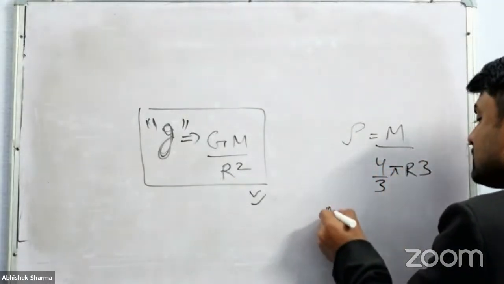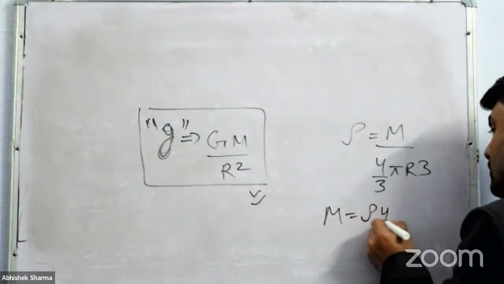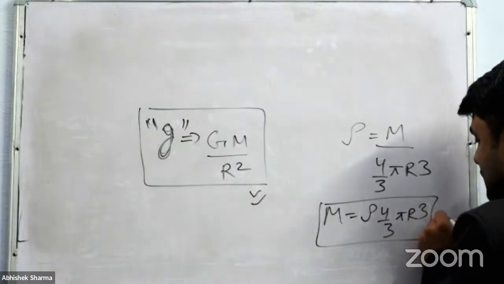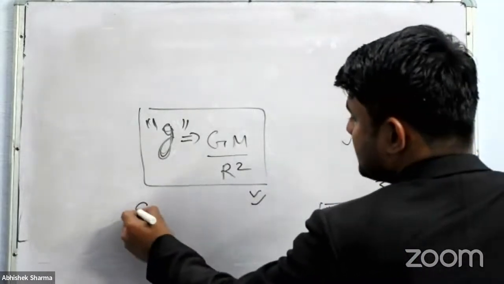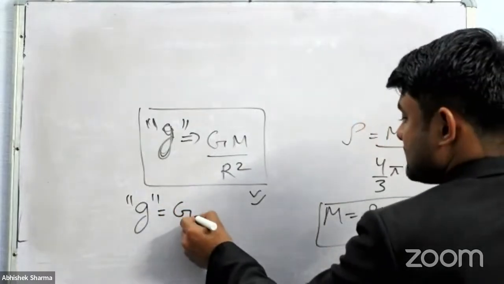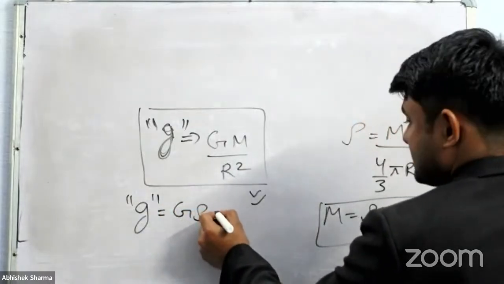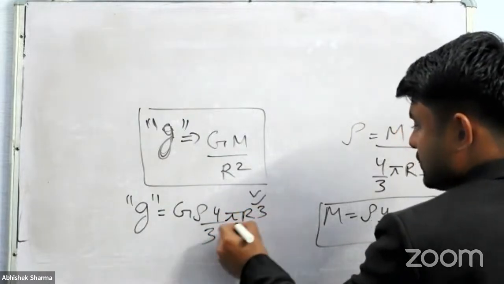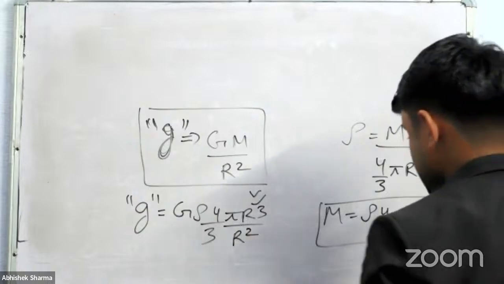So now the mass goes as density times 4 upon 3 pi r cube. When I substitute this here, g, which is acceleration due to gravity, is G rho times 4 upon 3 pi r cube upon r square.